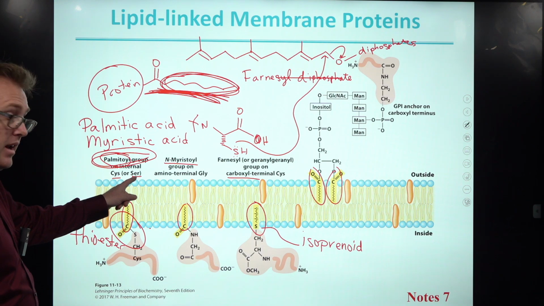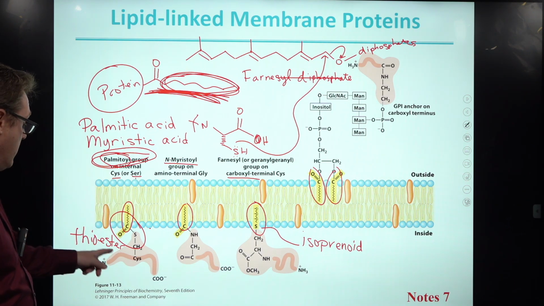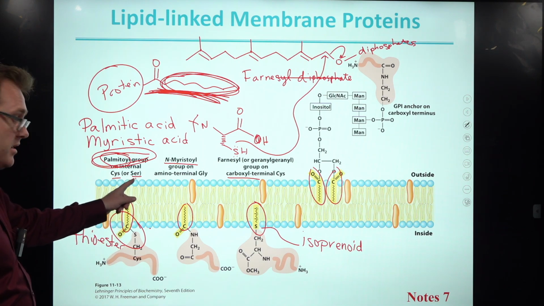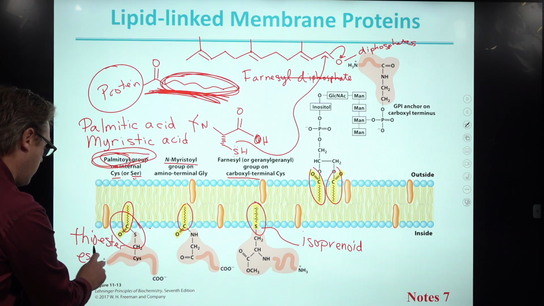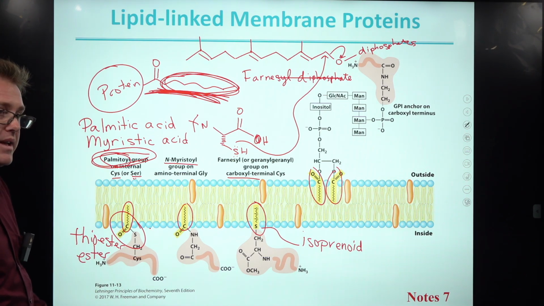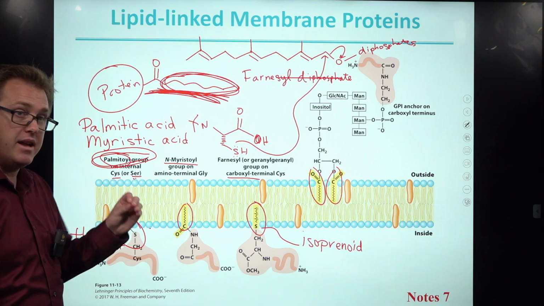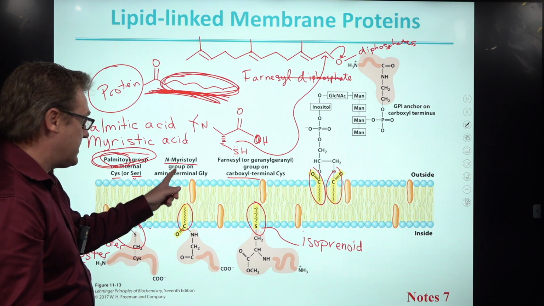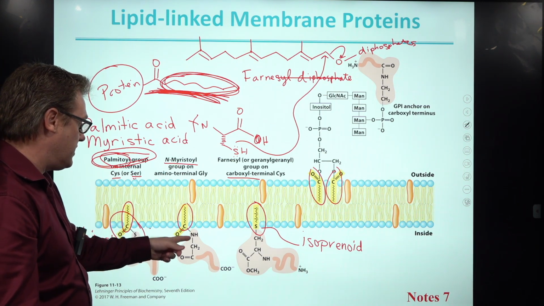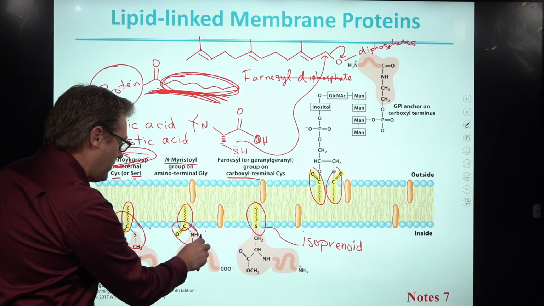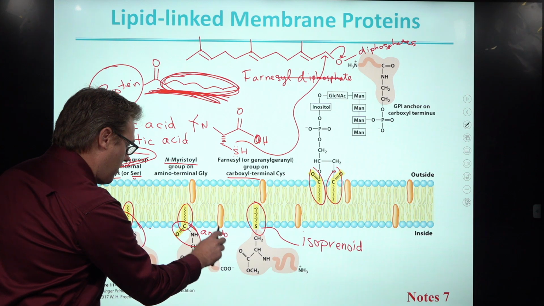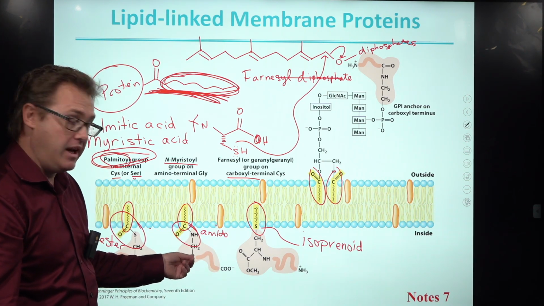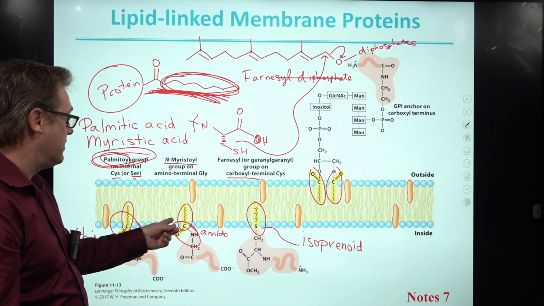When serine is used, what do you think the linkage is going to be? That would just be an ester, because the side chain of serine is an alcohol. With this one, it's the N-terminus of glycine, so that's why we have an amide, because you're using the alpha amine on the protein to form the bond with the fatty acid.